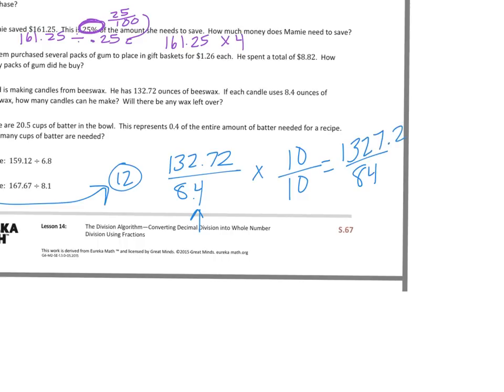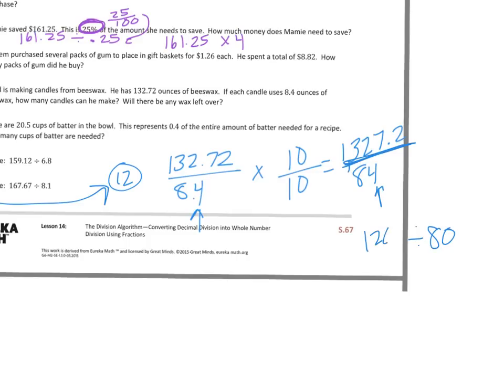1,327 and 2/10. Now, if I want to estimate this one, it gets a little tricky because I want the 84 to be 80. And I'm trying to figure out something that 8 can kind of go into. So we can't use 1,300 because I know that 8 can't go into that.